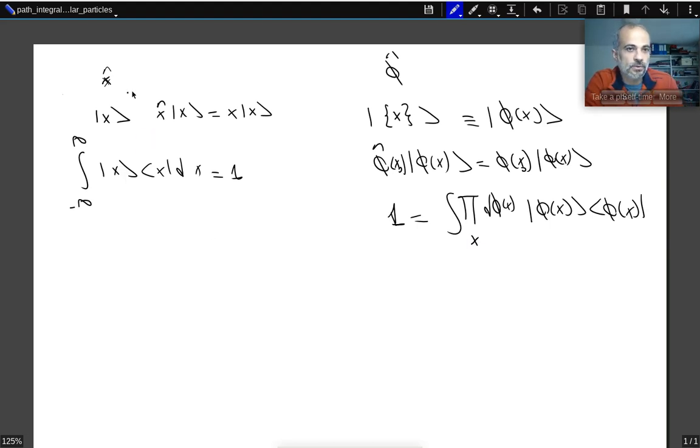So using these definitions, we had the path integral expression, x final, e to the power minus i over h-bar, tf minus ti, x initial.